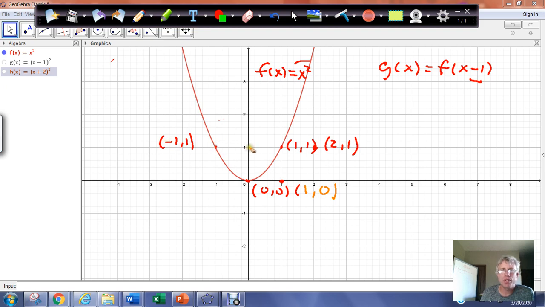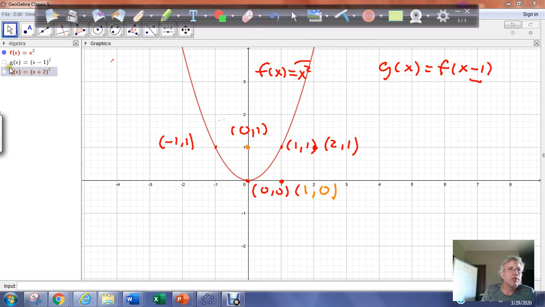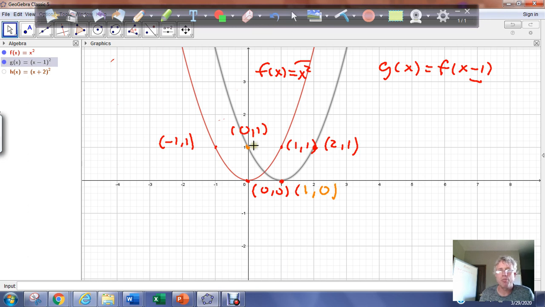And the -1 will slide over 1 as well to the point 0, 1. And then I would hand draw through these 3 points a new parabola. And if I did that, the parabola that I hand draw should pick up those 3 lattice points that I drew in.